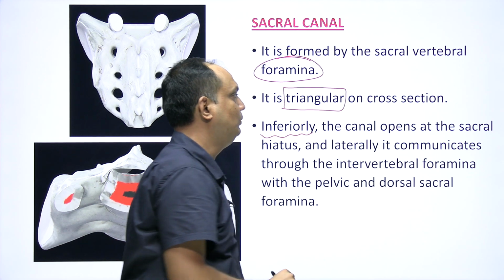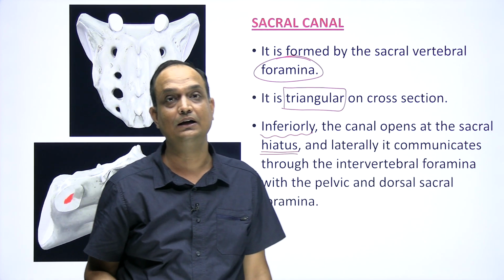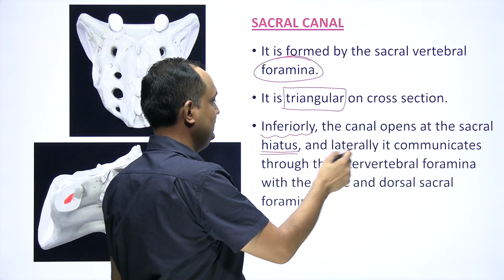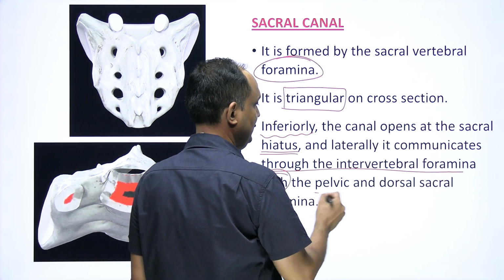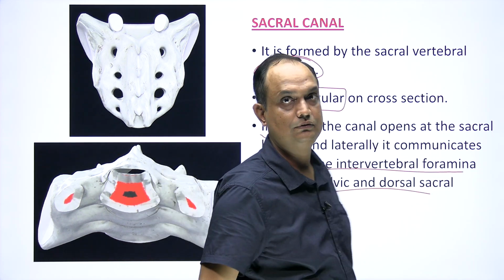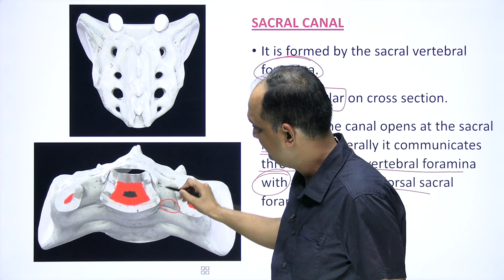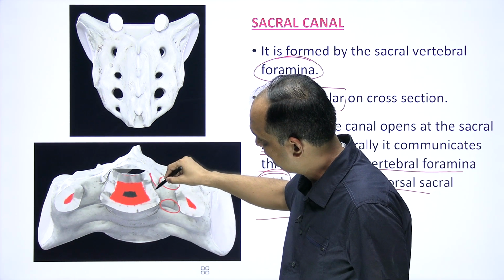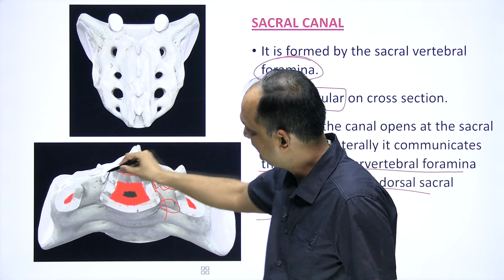Inferiorly, the canal opens at the sacral hiatus, and we have seen the hiatus is formed by the non-fused laminas of S5, and laterally it communicates through the intervertebral foramina with pelvic and dorsal sacral foramina. So this is your pelvic sacral foramina, this is dorsal sacral foramina, this is your intervertebral foramina, and these are the communications, and this is the sacral canal.